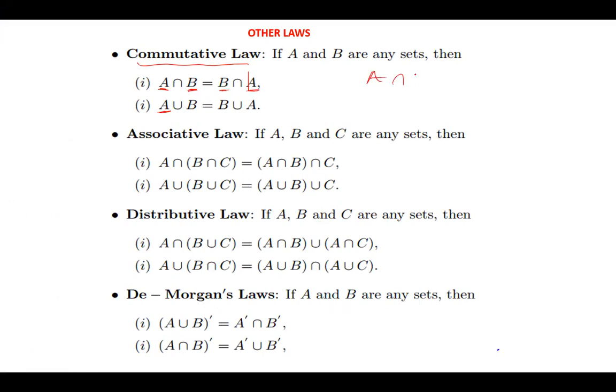So A intersection B is equal to B intersection A. The same applies to A union B. This is just the same as B union A. So this is just the commutative law. The commutative law is also important in binary operations, so we're going to look at that when we reach binary operations.